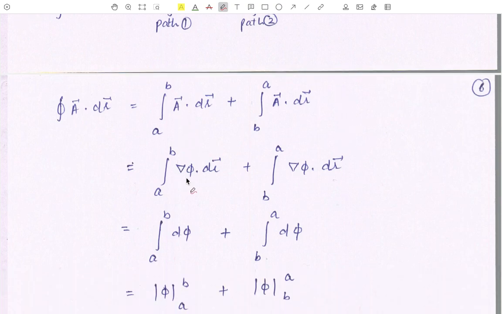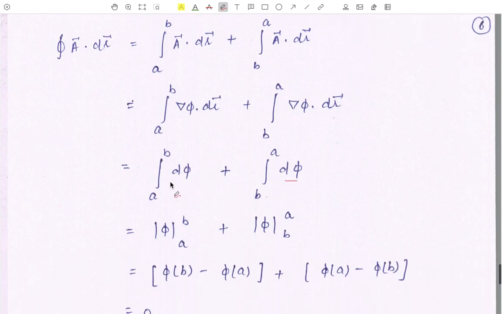A is equal to gradient of phi means del phi dot dr vector, that is equal to d phi. Therefore we get from here integration A to B, A dot dr vector is equal to integration A to B d phi. Similarly integration B to A A dot dr is equal to integration B to A d phi.